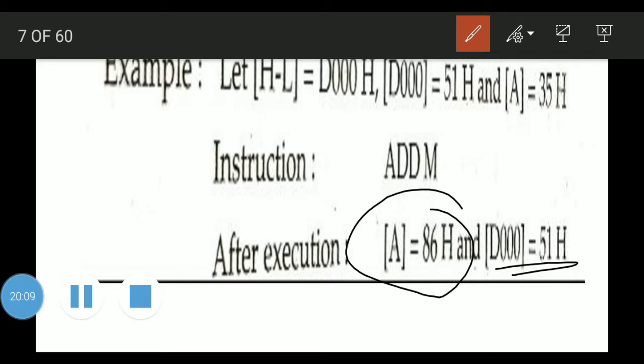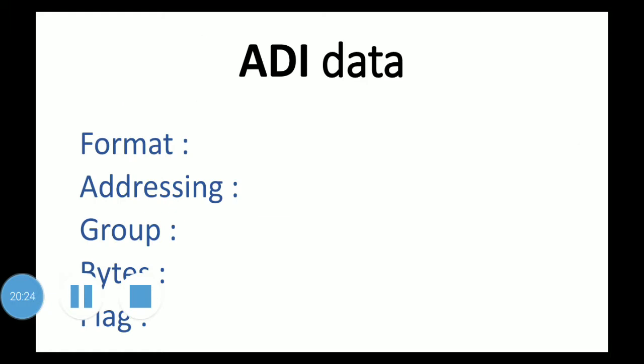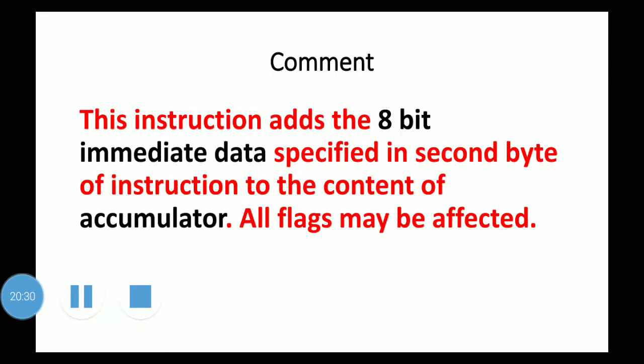Let us see the third format of addressing mode, the third example in the arithmetic group. Our next instruction is ADI data. ADI data means this instruction adds the 8-bit immediate data specified in the second byte of the instruction to the content of the accumulator.